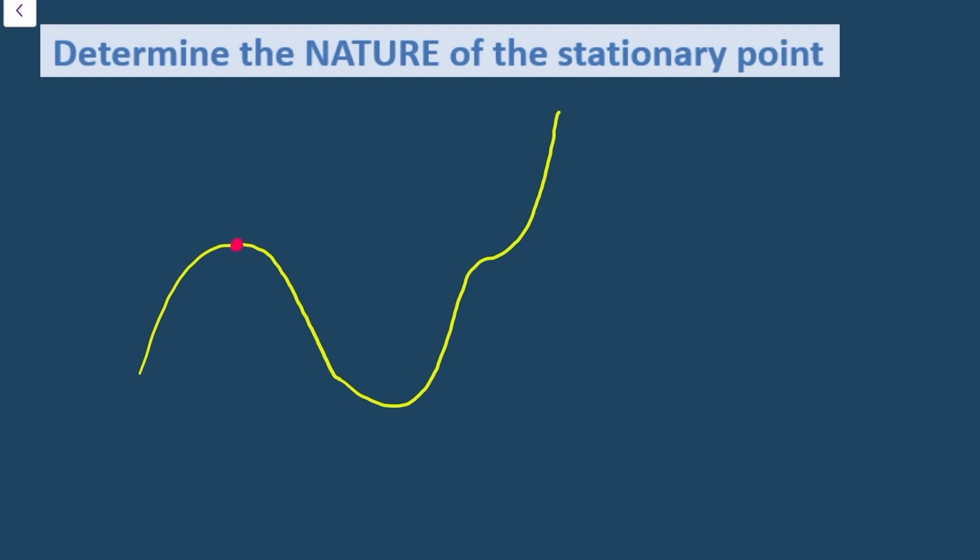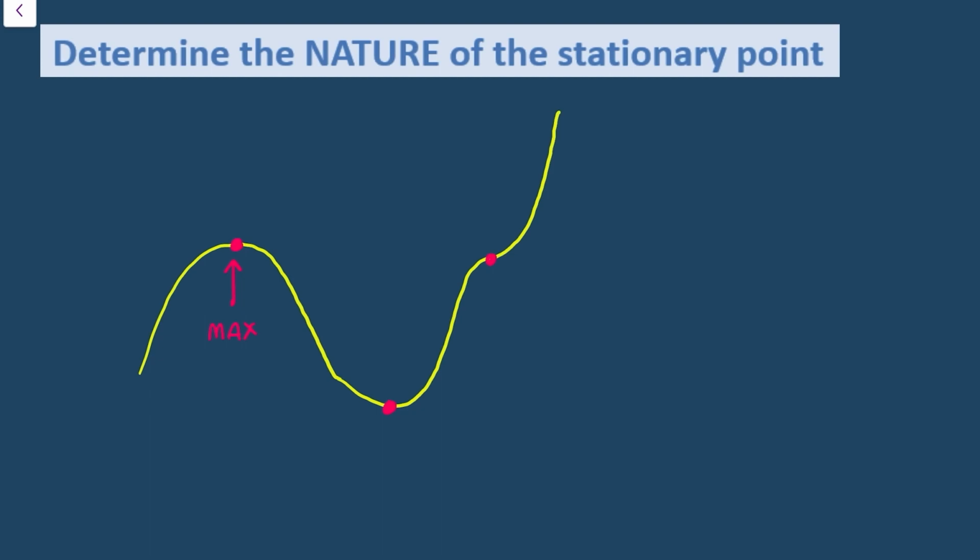There's a turning point. There's a turning point. And there's something that can be confused or mistaken for a turning point. But let's first look at this point here. This is a maximum point, right?